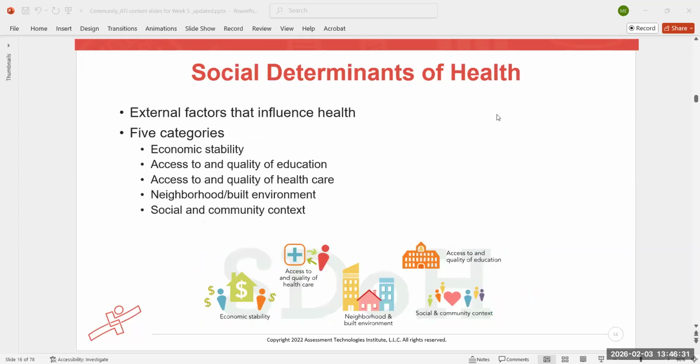So let's break down the social determinants of health a little further. And these, again, are external factors that are going to influence health.